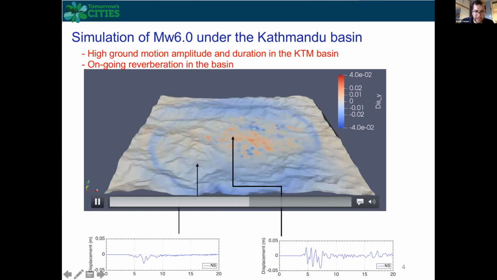Plus, as you can see here, after the seismic event is finished, seismic waves are propagating outwards, and these reverberations, the red-blue colors here that are changing, are due to the soft sedimentary layers, the soft properties of the soil and sedimentary rock inside this basin area.